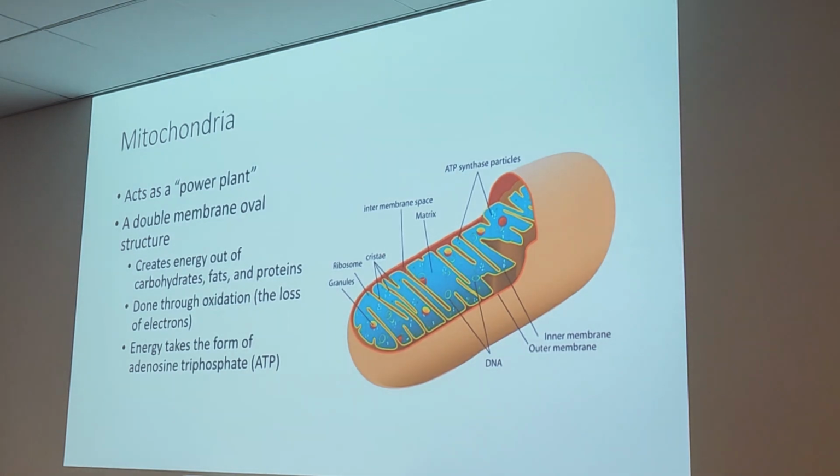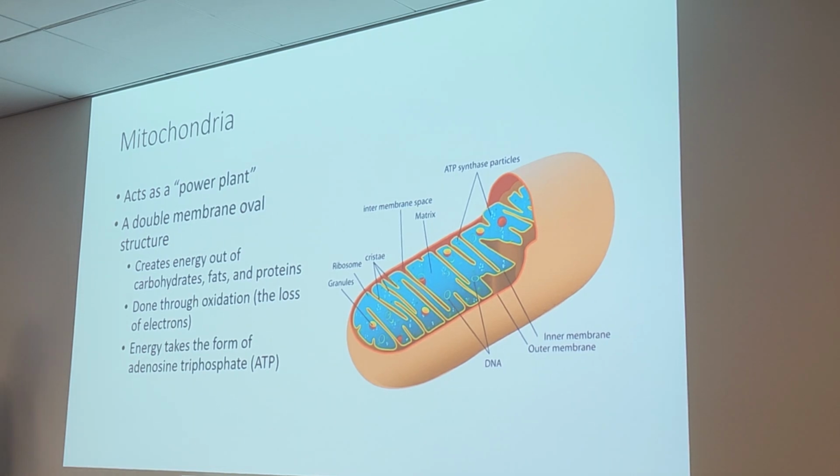So mitochondria have their own unique DNA. Yes, that's true. But once again, you've got a bunch of mitochondria in the body. It's not a big deal if one or two fail to function. Okay. It is a big deal if your only set of DNA in the nucleus fails to function. Okay. So as far as radiosensitivity goes, I would probably say your nucleus DNA is the most sensitive.